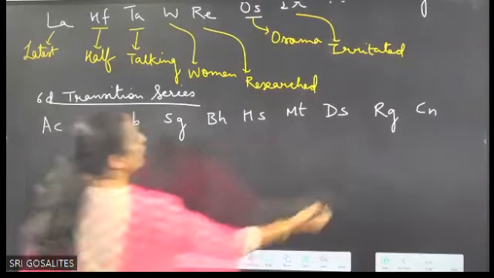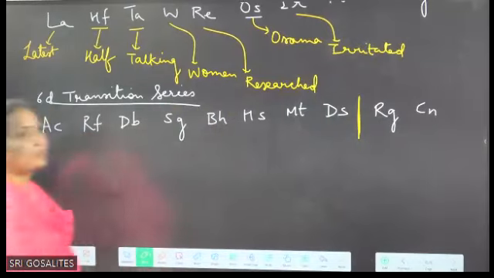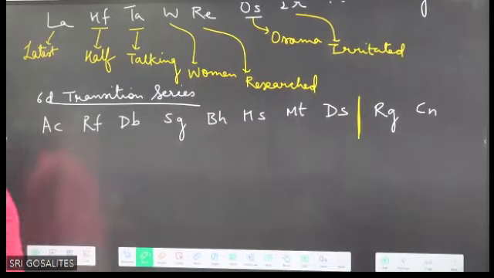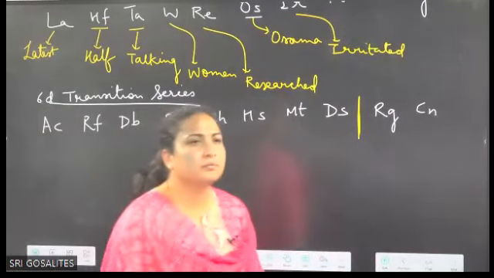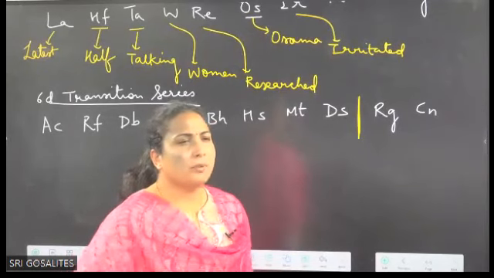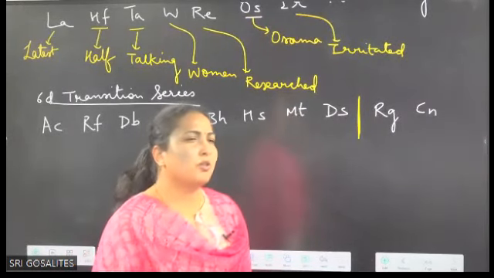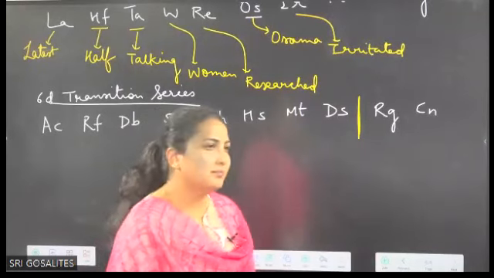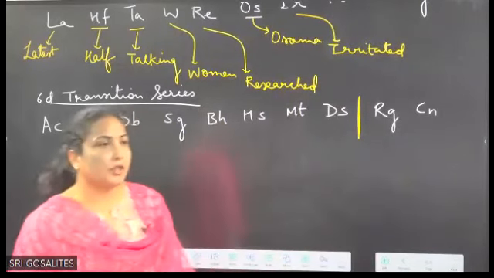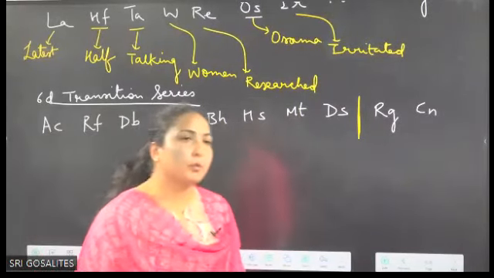Basically, I'll tell you up to this. One trick which we have made here: W is tungsten. Modern periodic table is a graphical representation of the Aufbau principle. No, we don't say it like that. Definitely, the filling of electrons takes place according to the Aufbau principle, right?